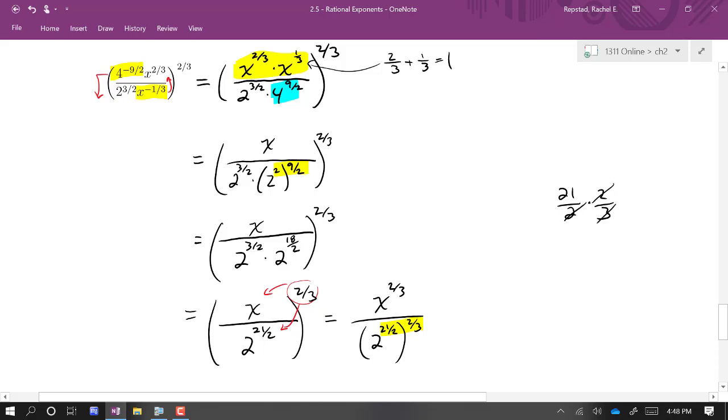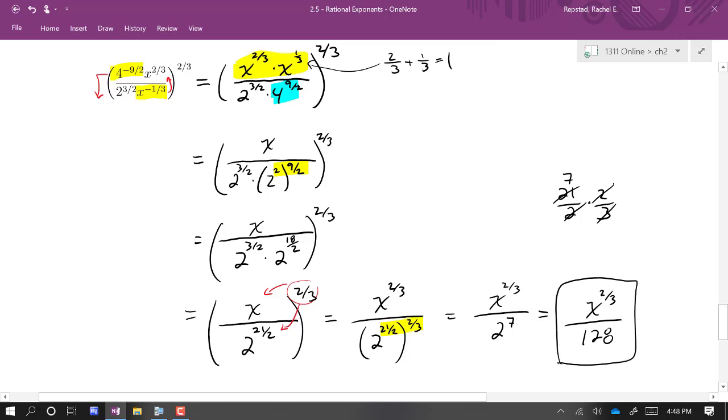The 2's cancel, 3 goes into 21 7 times, so that's 2 to the 7th. x to the 2/3 over 2 to the 7th power, and 2 to the 7th power is 128. And there we go. That is, I think, an objectively simpler expression to work with than the one we started with. So, mission accomplished.